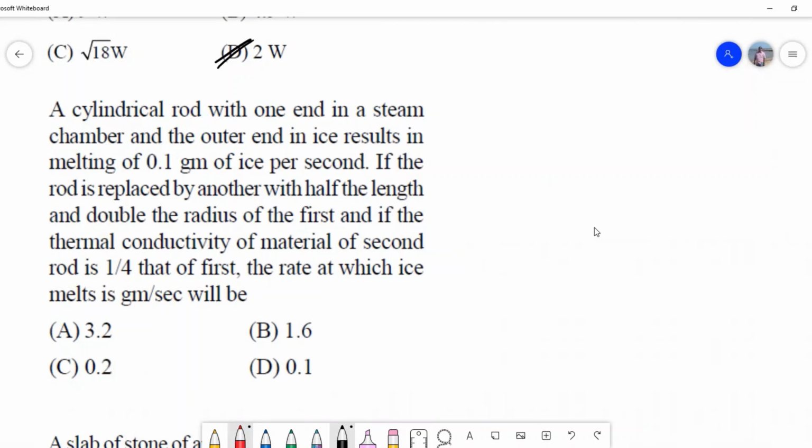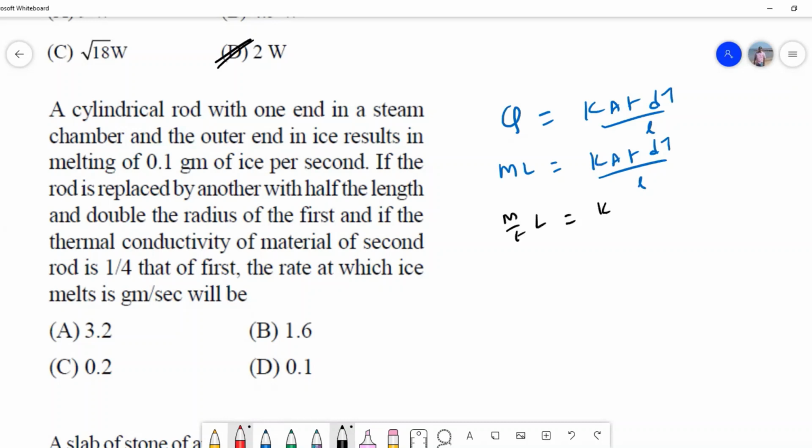We all know that Q is equal to KA dT upon L. This is mL is equal to KA dT t by L. So here m by t into L is equal to KA dT upon L.